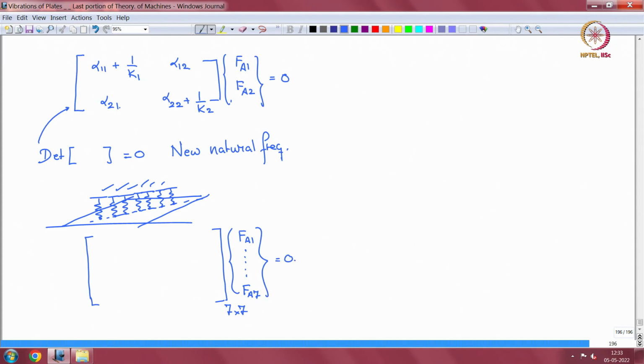And suppose I want to put a zero displacement constraint along this line. I do not want displacement along this line. Okay, I can set all the ki's to infinity. Then all the diagonal 1 by ki type terms will be going to 0.